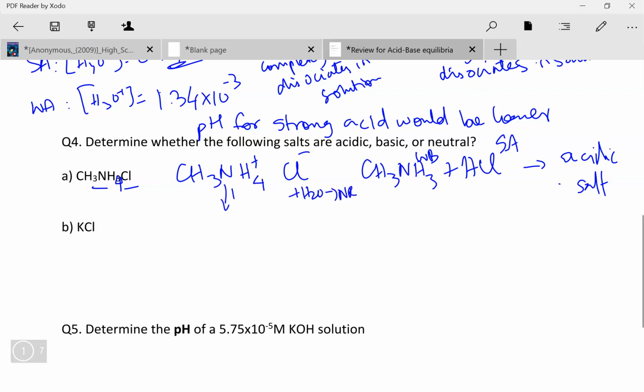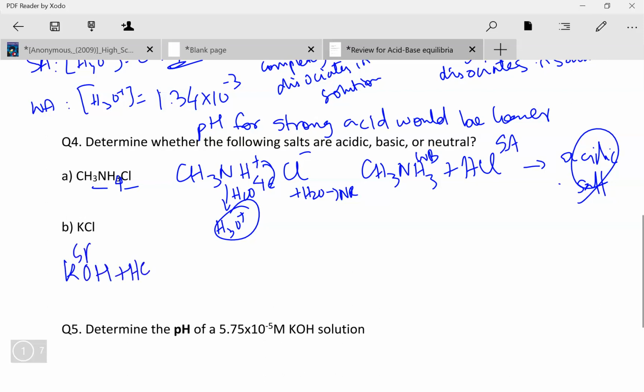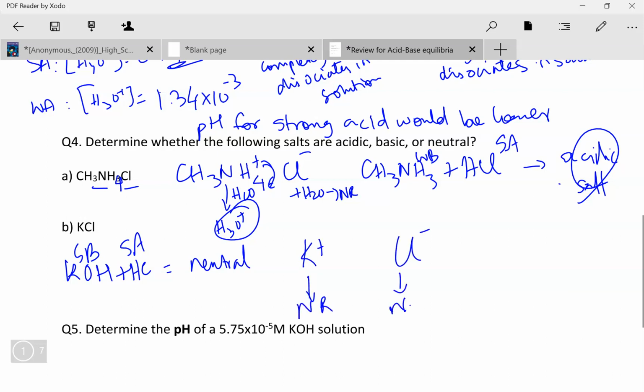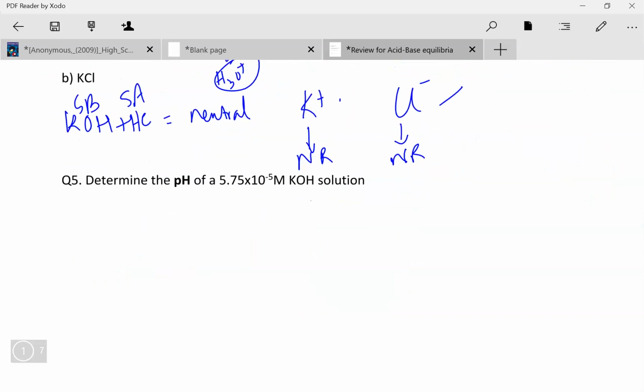But if you add this to water, you're going to get an acid because it's going to donate that H plus to water. So you're going to get an acidic salt over there. KCl, again, comes from KOH plus HCl: strong base, strong acid, neutral salt. Again, K plus and Cl minus both don't react with water because they're both conjugates of strong bases and conjugates of strong acids. So that's that.